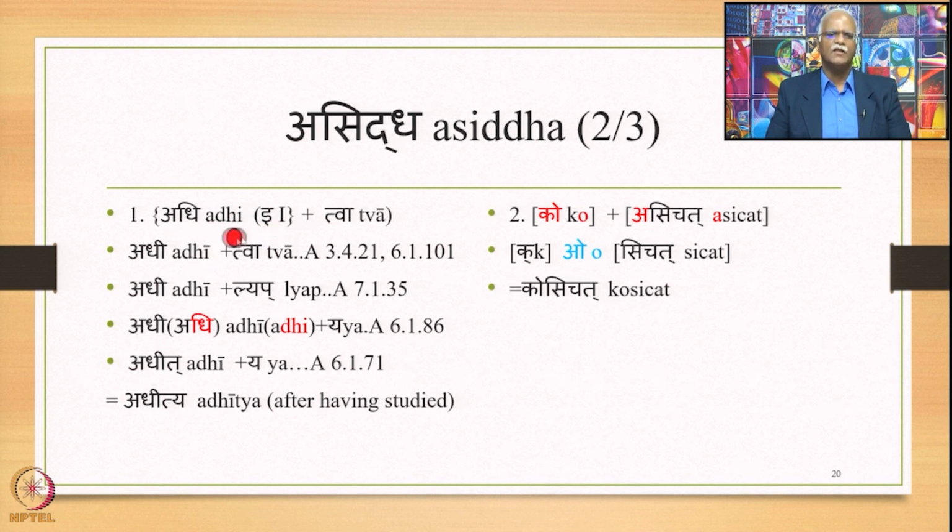So, now we have adhi, i and ktva, and in this case we do the sandhi over here, which is akah savarne dirghah. So, we have adhi plus ktva, 61101. Then ktva is replaced by lyap by 7135. So, we have adhi plus lyap.